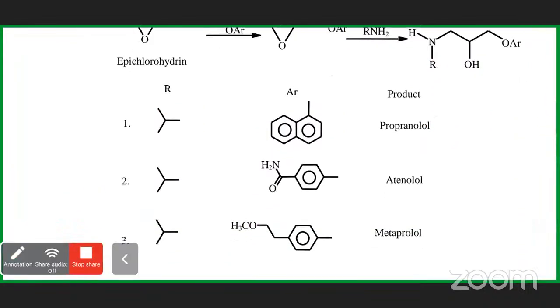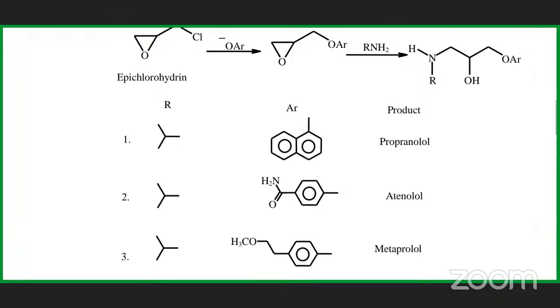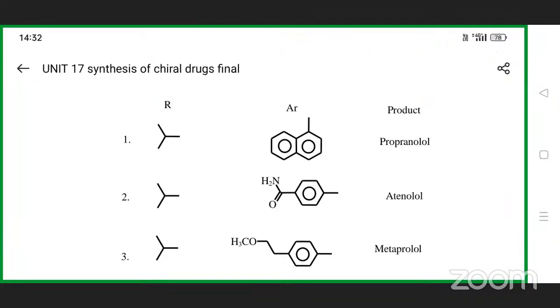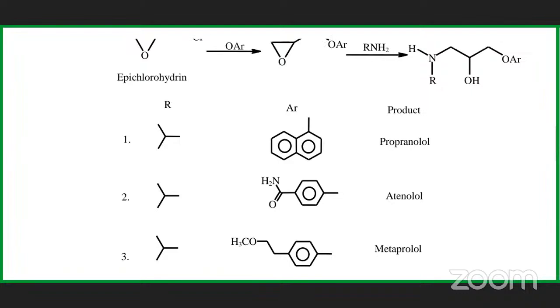For example, if you want to synthesize atenolol, okay, if you want to synthesize atenolol, so you take the base isopropylamine. Isopropylamine base is used to open the epoxide ring, and in place of the aromatic group, instead of naphthalene, you have to take the what is this?